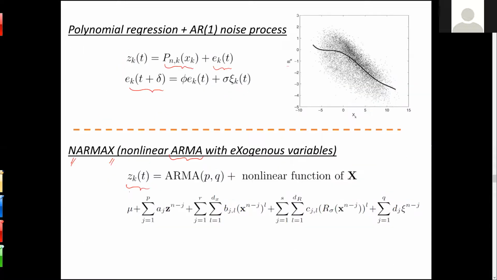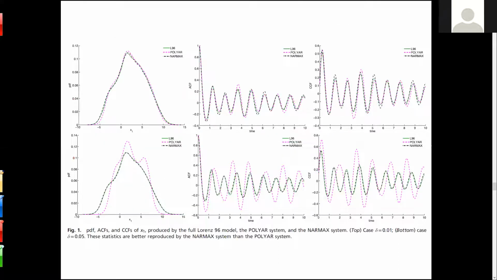So I think there is nothing much in here. The most important part here is to estimate the parameters and to represent the model properly, especially for NARMAX, choose a proper order for P and Q, and a proper form for the nonlinear function. So these are the results taken from the NARMAX paper.